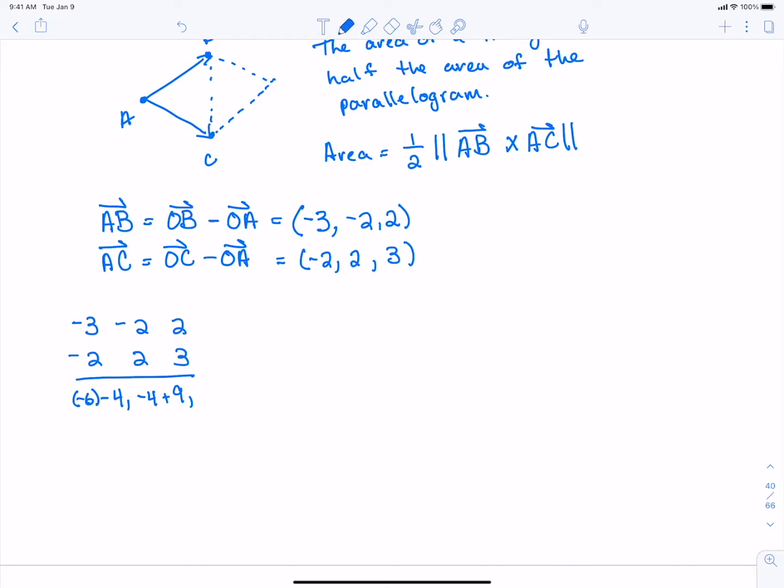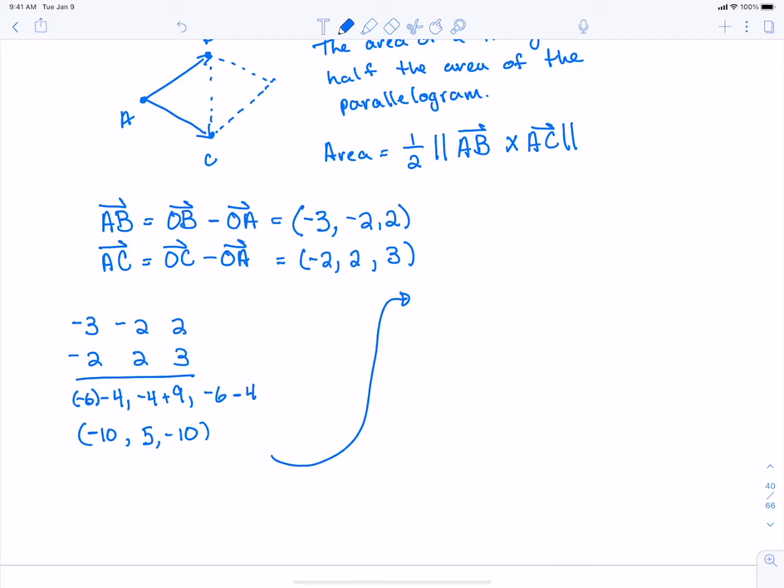And last I'll have -6 minus 4. So -6 minus 4 gives me -10, +5. And another -10. And that is my cross product.